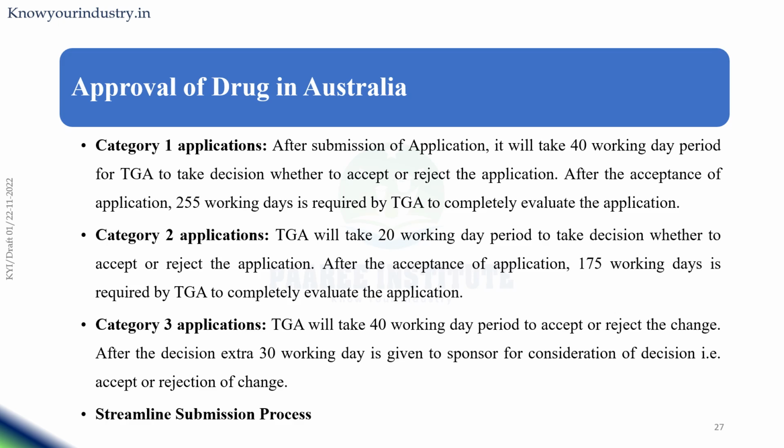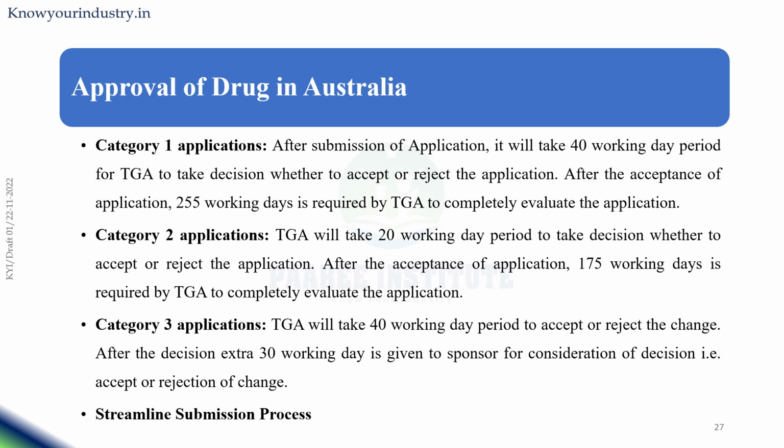Now coming to the streamlined submission process. What is this? TGA has introduced new submission process, that is streamlined submission process, to register the prescription medicines that require evaluation of quality, clinical and non-clinical data, that is category 1 and category 2 applications.